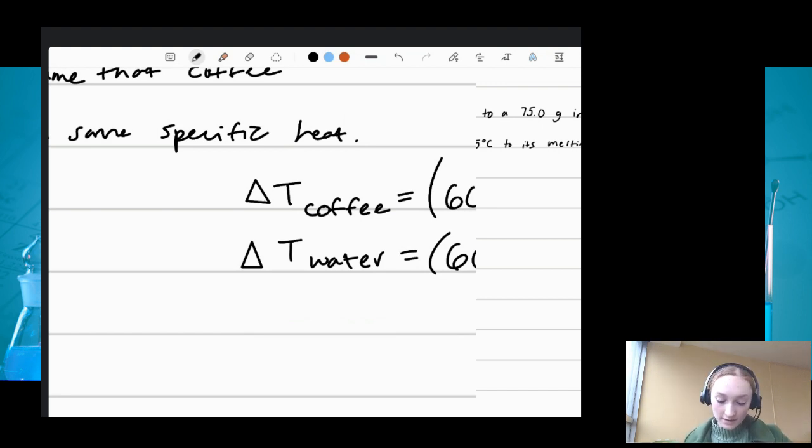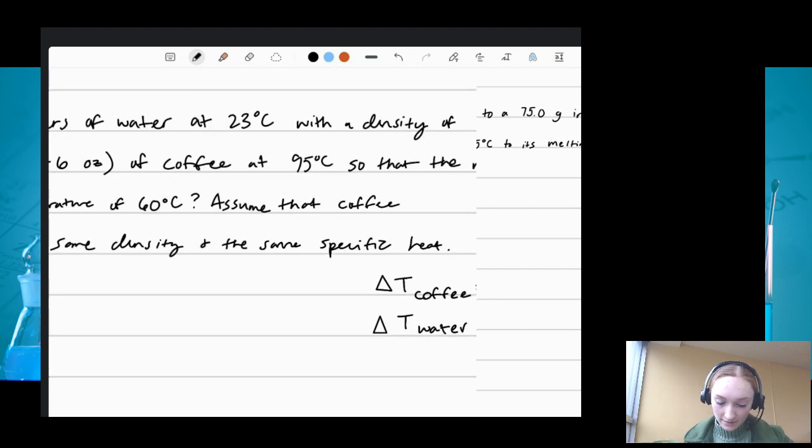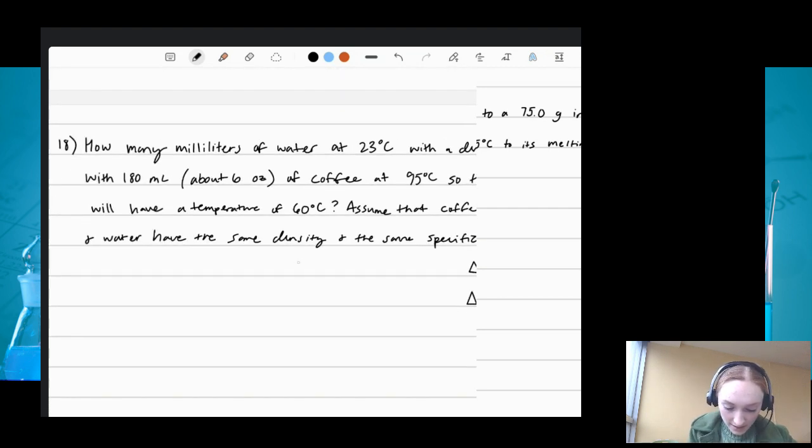So we have the difference in coffee and water, so let's just subtract these two. So this will be negative 35, and then this will be 37. So keep in mind that this has a minus. And so both of them have the same density and same specific heat.